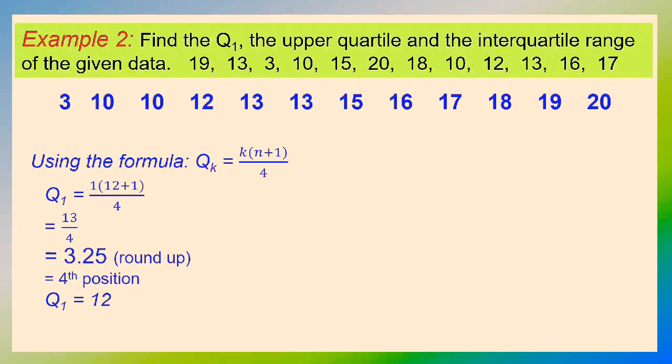As we all know, class, quartile 1 falls below 50%, and that is the median. So under the rule, we are going to directly round up the data. By rounding up, 3.25 results to the 4th position, and by counting, the 4th position in our set of data is equal to 12.